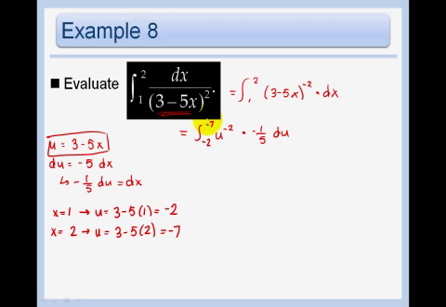What jumps out at you? Hopefully it jumps out at you that this number is bigger than this number. So, play with that in just 1 second. Let's just first take out our constant.